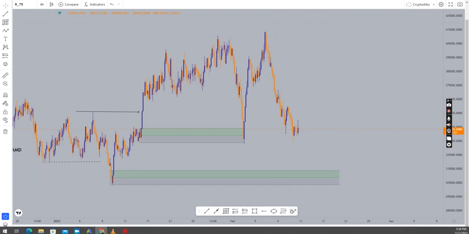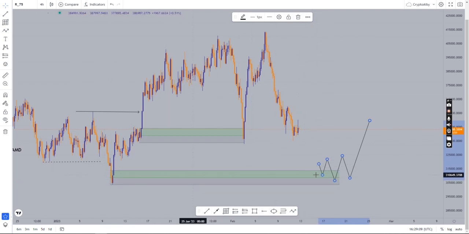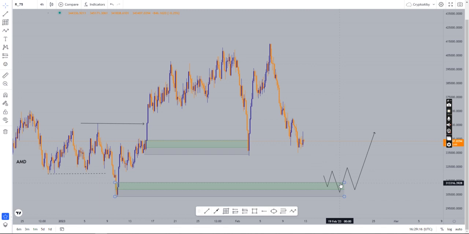If I get my lower time frame confirmation, something like a break of structure, or you can call it a change of character, and a return back, then I'll buy on the lower time frame. Once price comes down into this place and I get that confirmation, I'll be looking to buy Vix75 from this zone.